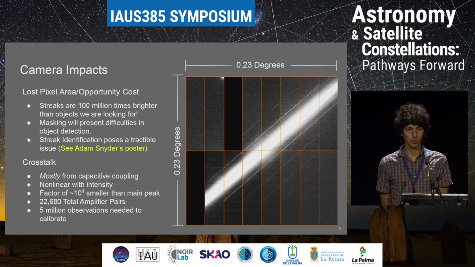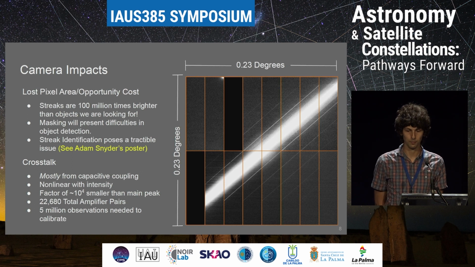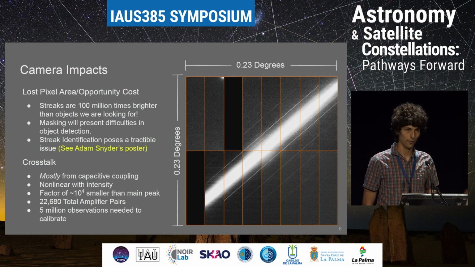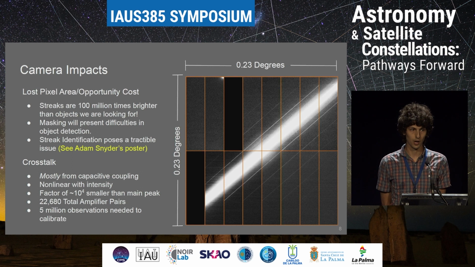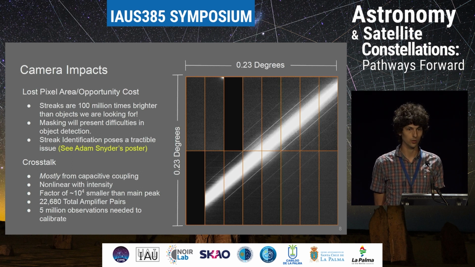So we need to be able to calibrate that out. In order to do that, we need to know how it scales for a certain brightness. Unfortunately, it seems like this is scaling non-linearly. But we need to do that for all of our amplifiers, and there are about 23,000 amplifier pairs, so it's a lot of data that's needed to do this.